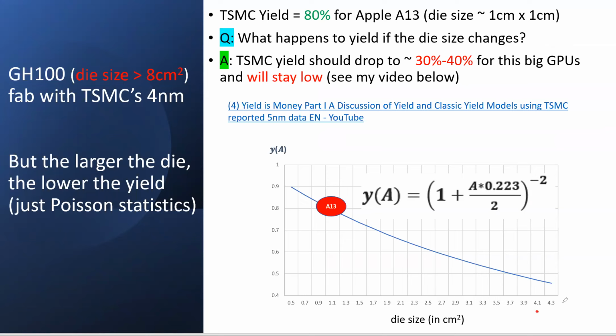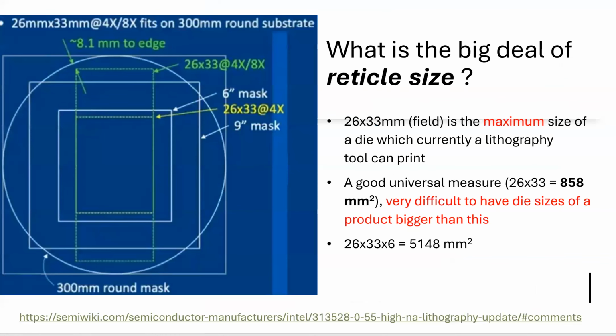So here you can see that theoretical calculations show that even at, say, your 4 centimeter square, which is 400 millimeters square, that already gives you 40%. So you can imagine a die size of 8 centimeters square, right there. It reminds you the maximum you can do is about 858 millimeters squared.